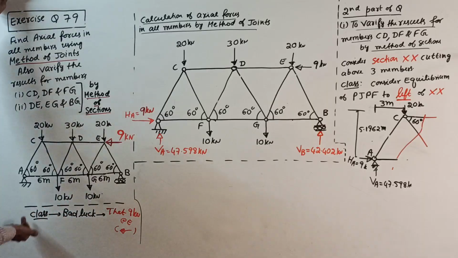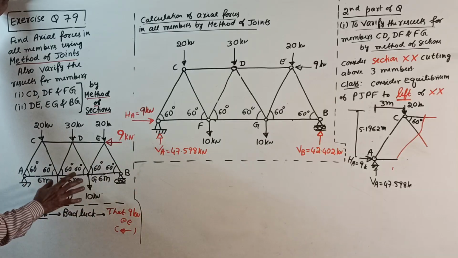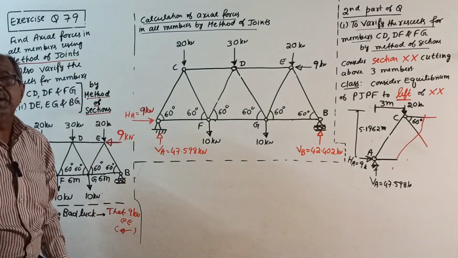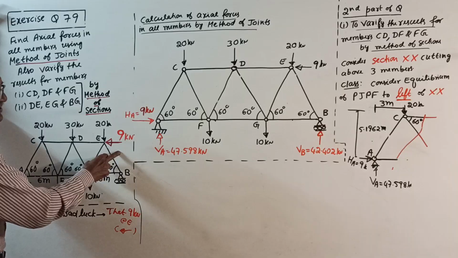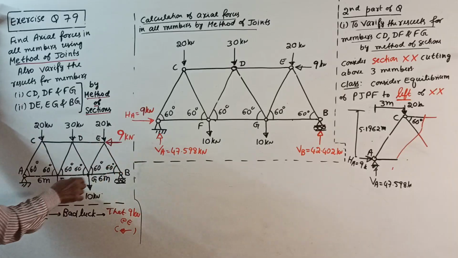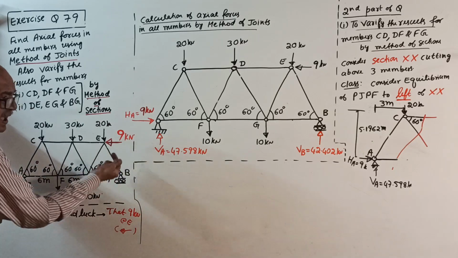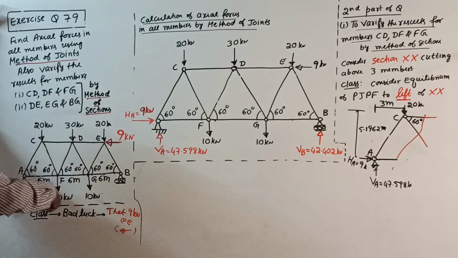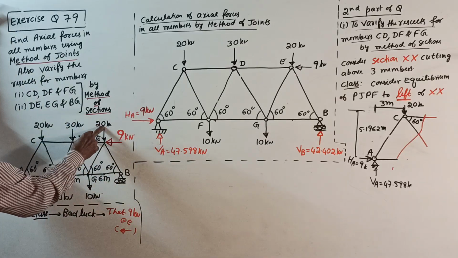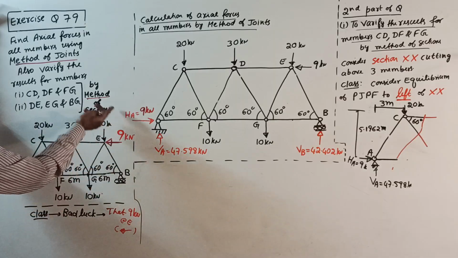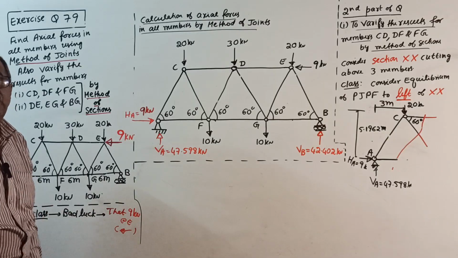With symmetrical loading and vertical reactions only, it becomes perfectly symmetrical. The advantage is that when you find reactions, you do not have to waste time. You can write VA upward equal to VB upward equal to total downward load divided by 2: 20 plus 30 plus 20 plus 10 plus 10, all those loads together divided by 2. Each will come to 45 kilonewton.